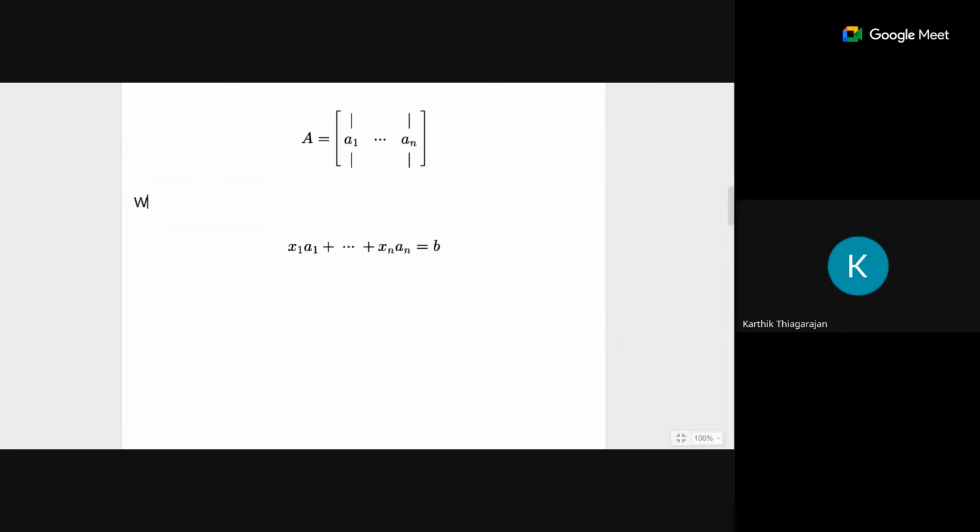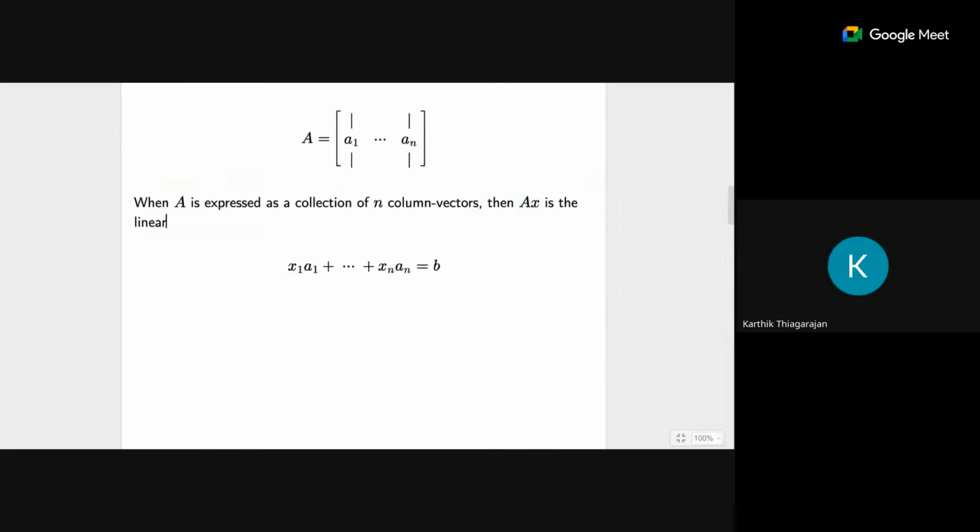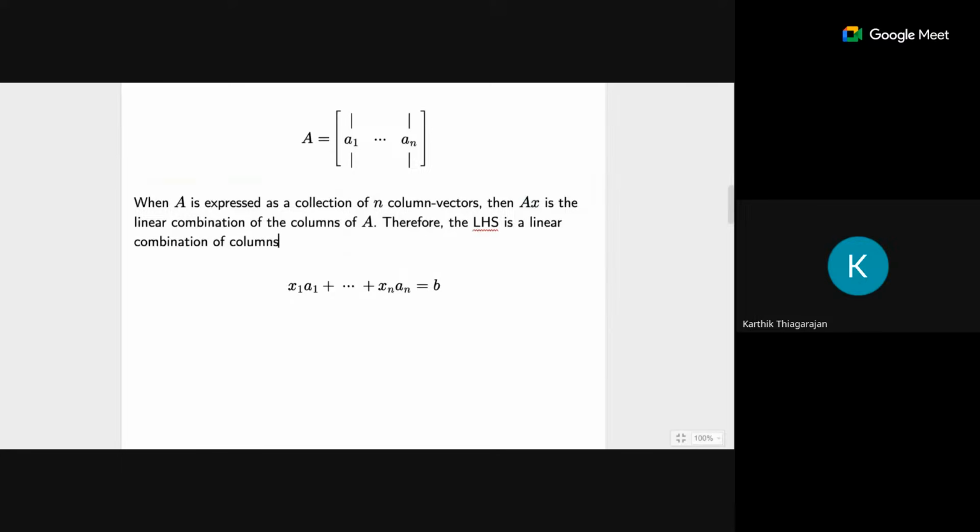Okay, so when A is expressed as a collection of n column vectors, then Ax is the linear combination of the columns of A, right? So the LHS is therefore a linear combination of vectors, or columns, right?